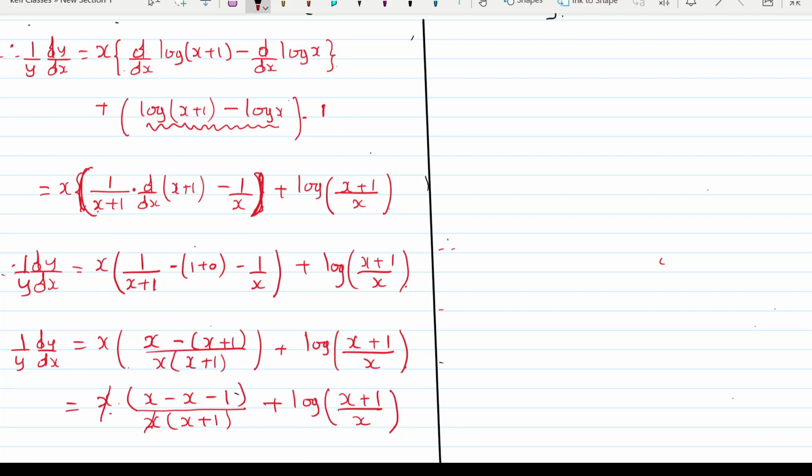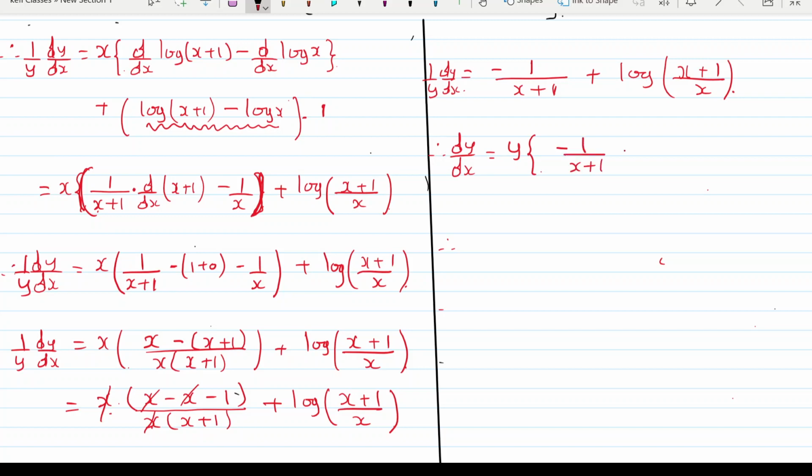So x and x again cancel, x and x goes, and so it is equal to minus 1 upon x plus 1 plus log of x plus 1 upon x. Okay, remember again, this is 1 upon y dy by dx. Therefore dy by dx is equal to y into minus 1 upon x plus 1 plus log of x plus 1 upon x.